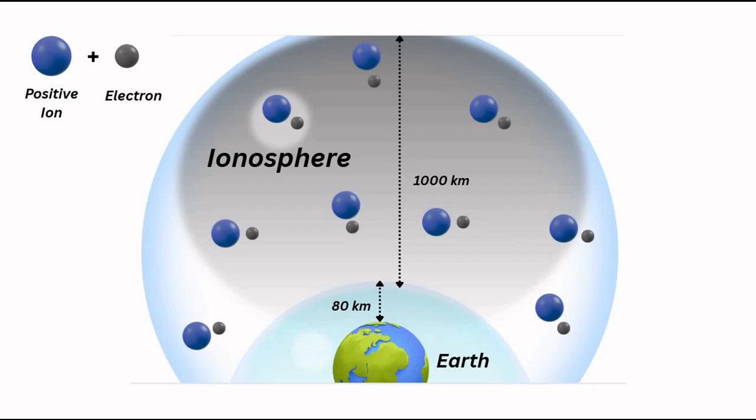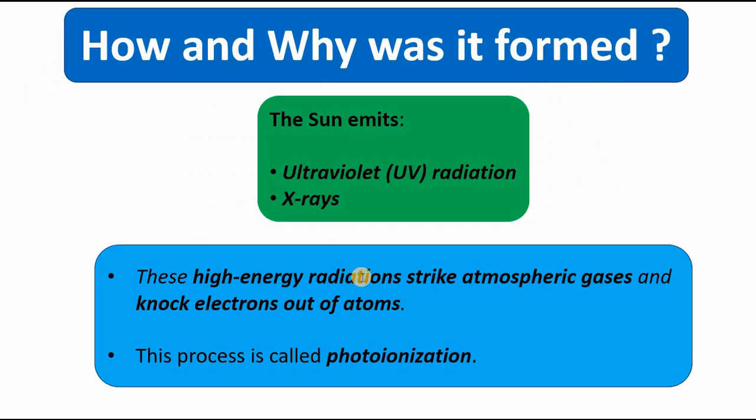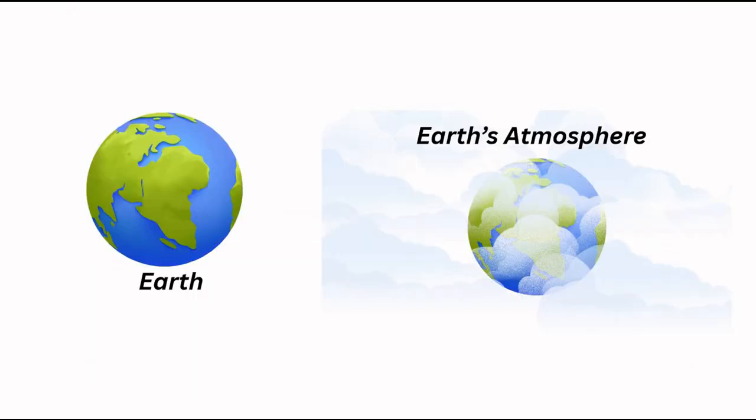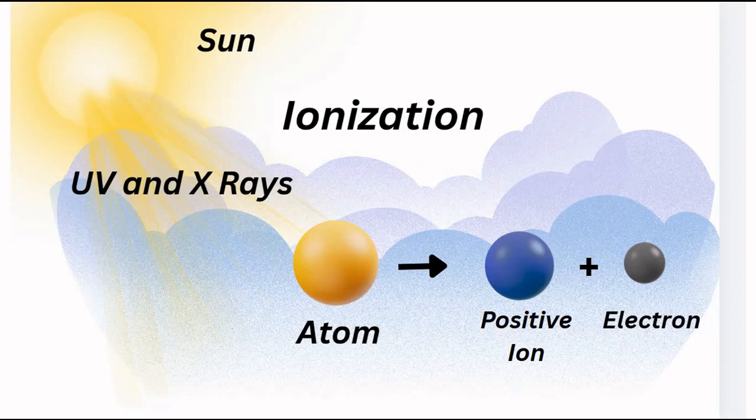So the next important question is, how and why was it formed? Now we know that the atmosphere consists of several gases, nitrogen, oxygen, carbon dioxide, argon, water vapor, in definite proportions. Now we know that the sun emits high energy radiations, ultraviolet rays and X-rays.